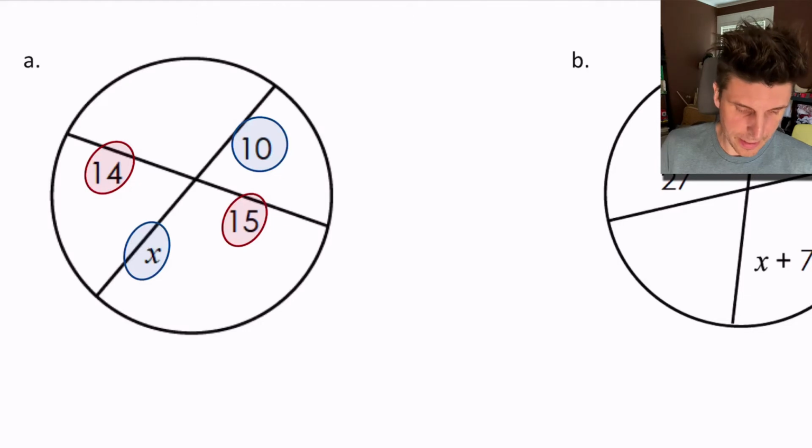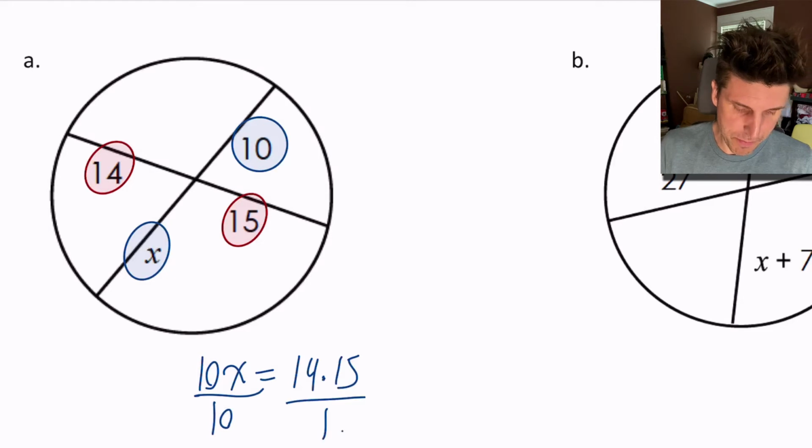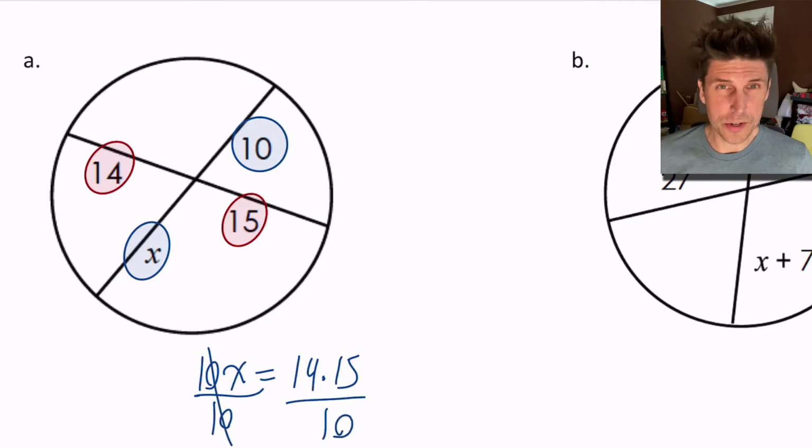So I'm going to say that 10 times x equals 14 times 15. Now, 14 times 15 is a pretty big number, and I'm about to divide it by 10, so I'm not going to multiply that, because perhaps I can reduce it before I multiply. I often say to my students, always simplify before you multiply.